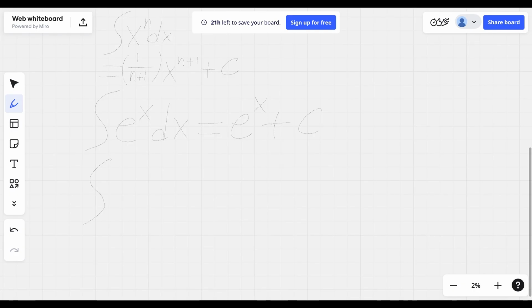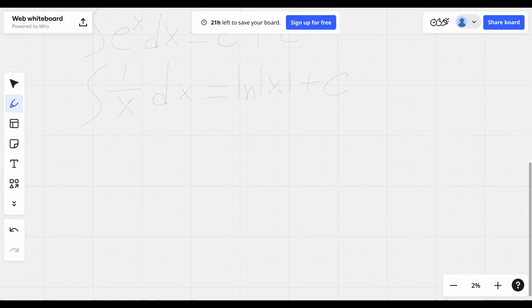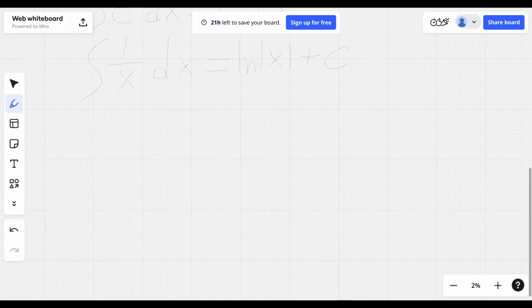So if you had the integral of 1 over x dx, the antiderivative for this would be ln of x plus c. But be careful, because when n in x to the n is -1, that's an exception to this rule.